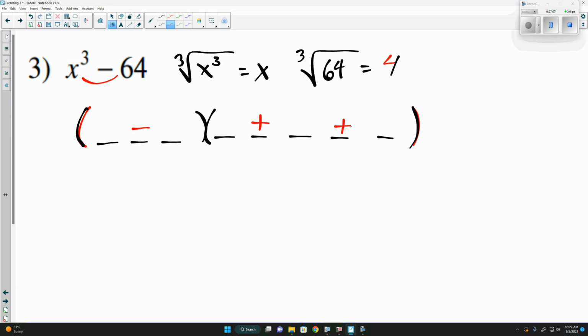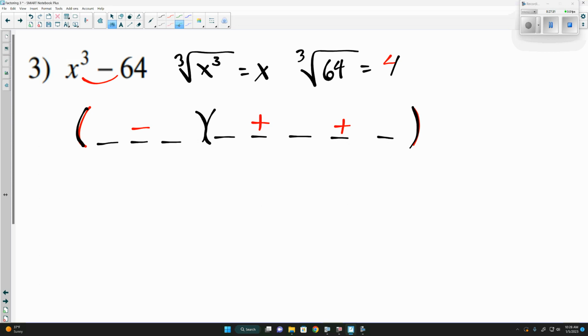So just as a side note, none of the sum or difference of perfect cubes will ever have 3 pluses or 3 minuses. They'll always have 2 pluses and 1 minus, no matter how it's set up. Because either the first set of parentheses is going to have a plus and it's going to end with a plus, or it's going to start with a minus and the next two are both going to be positive.